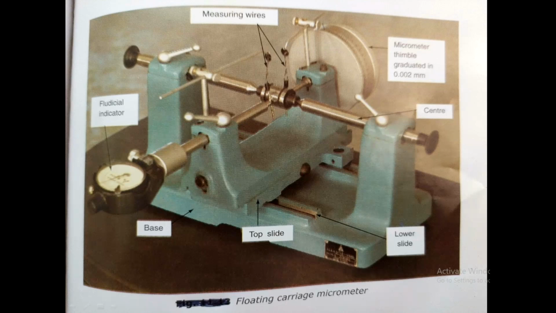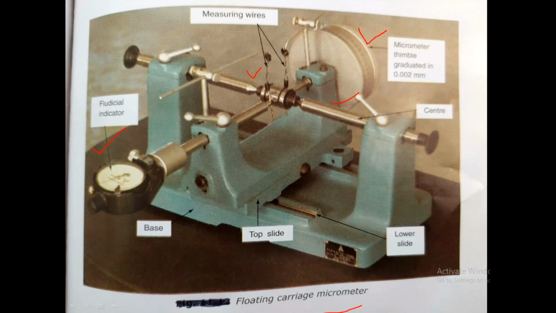So we will use this instrument, the floating carriage micrometer. It is different from an ordinary micrometer. In this floating carriage micrometer, you will have two centers, this one and this one, in which your job will be held. This is your fiducial indicator which will show the pressure we apply on your job so that it is not damaged.